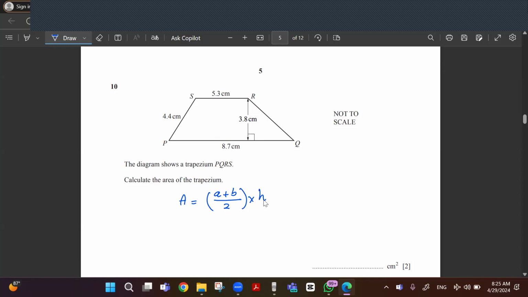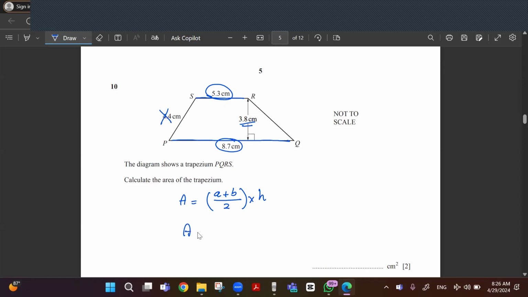And the height between them should be perpendicular, not slanted or inclined. So if I have these two parallel lines, these are the two bases I am going to use. Where is the perpendicular height? It should be this, not this.